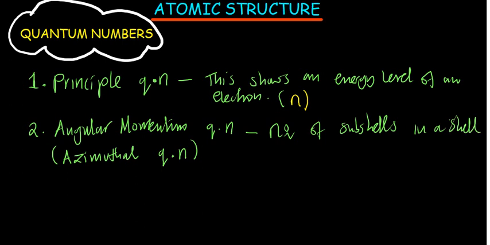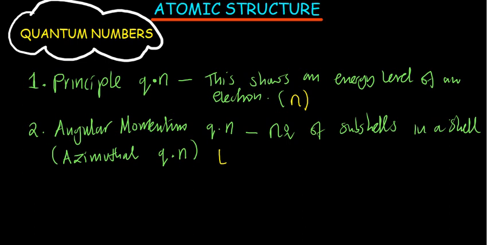The symbol for angular momentum quantum number is represented by L. Are we on the same page? Yes. So the symbol for angular momentum quantum number is L.